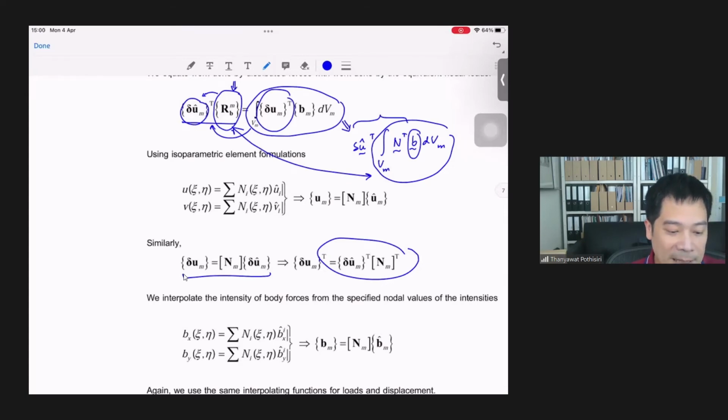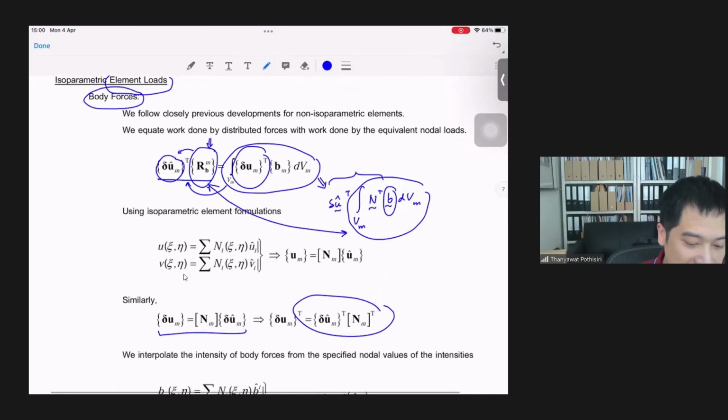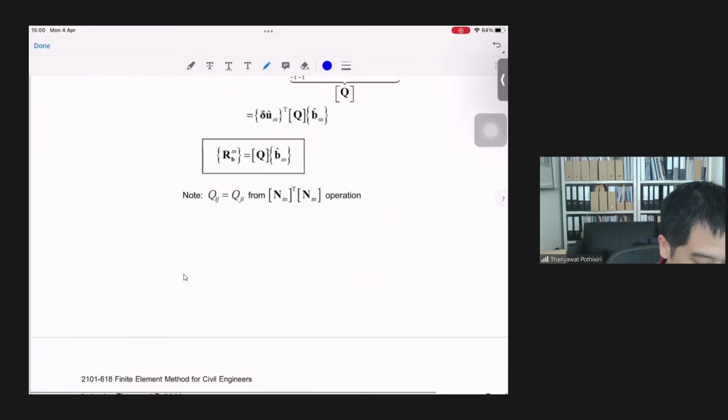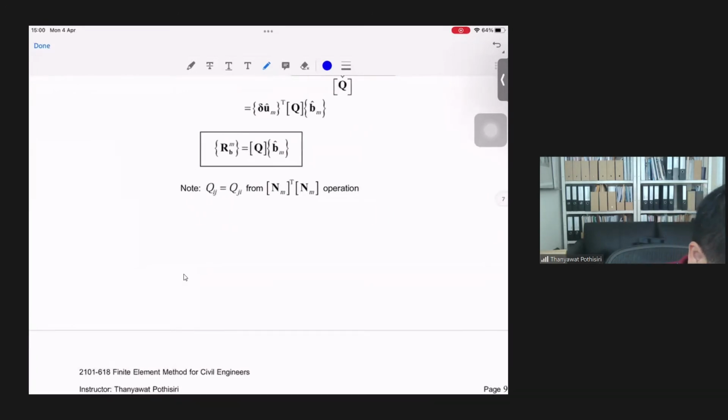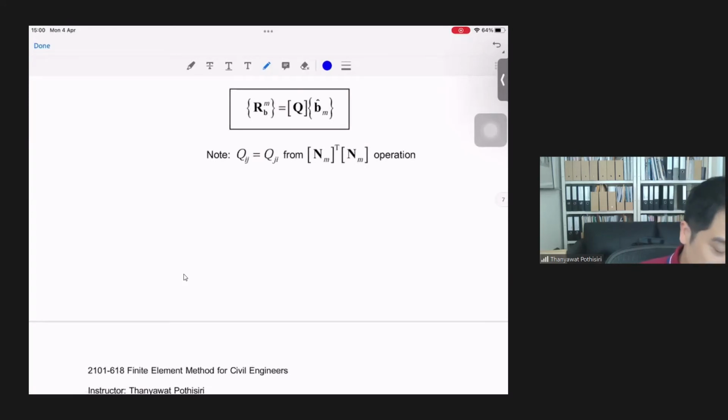So for example, we can look at a simple example of a one-dimensional problem like this.